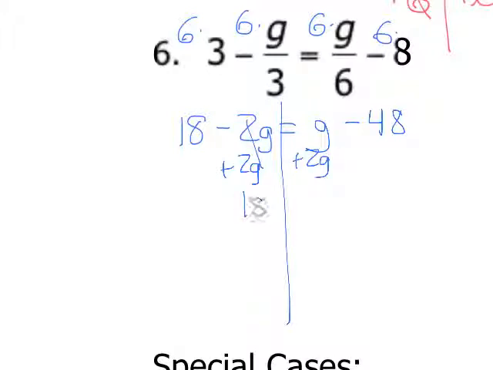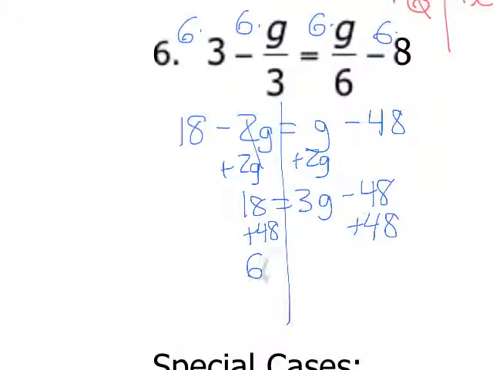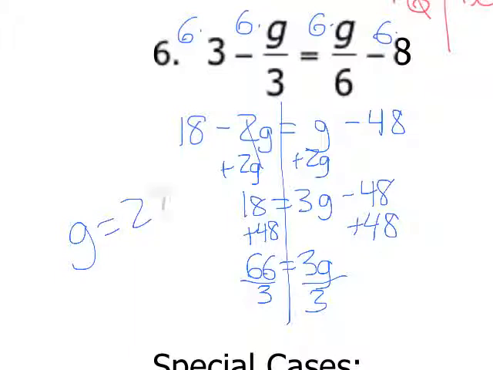So 18 equals 3g minus 48. I feel like a Verizon commercial right now. Add 48 to both sides. 66 equals 3g. Divided by 3, and g equals 22. Okay, questions?